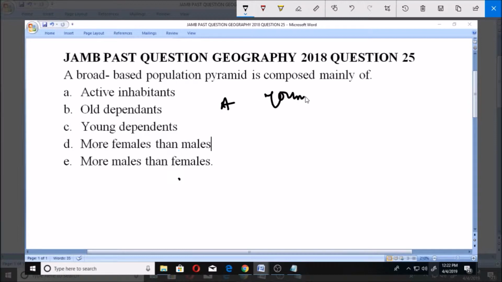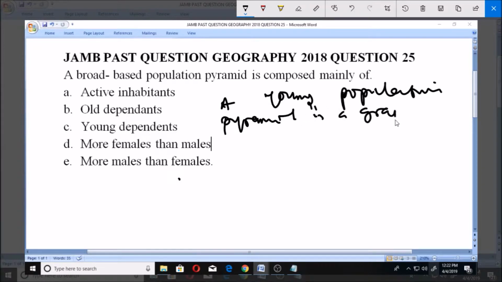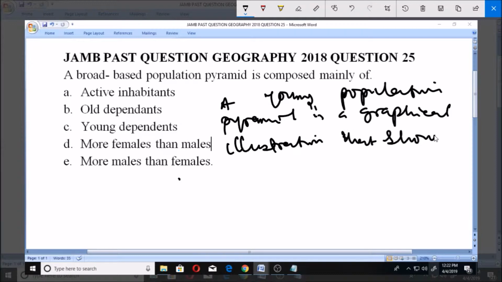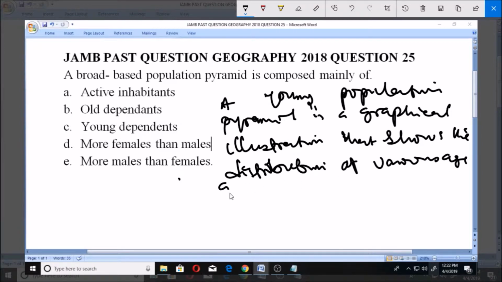Now, if we are looking at this young population pyramid, it's a graphical illustration that shows the distribution of various age groups in a population.